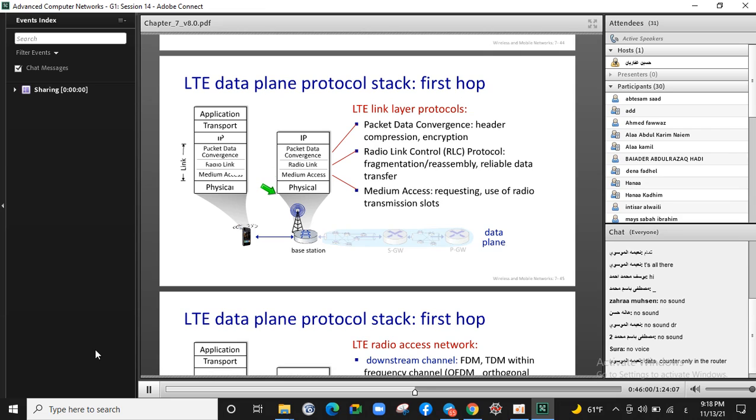We can see some other layers, and at the same time we can see similar layers in the base station. Look at this one here in my cell phone. Under the IP layer, you can see the link layer and physical layer. A link layer with 3 sublayers and a physical layer.